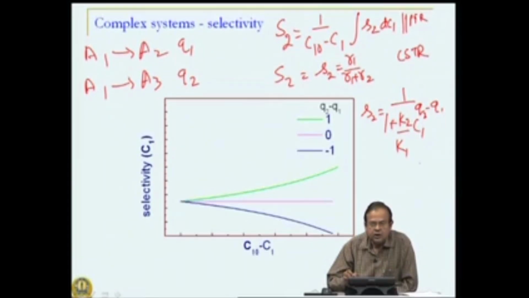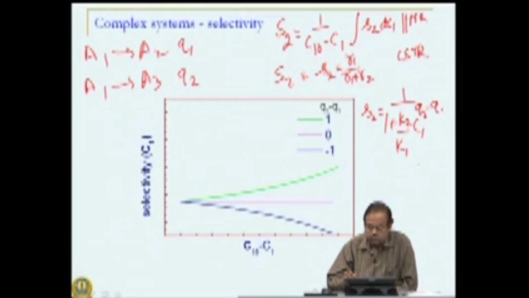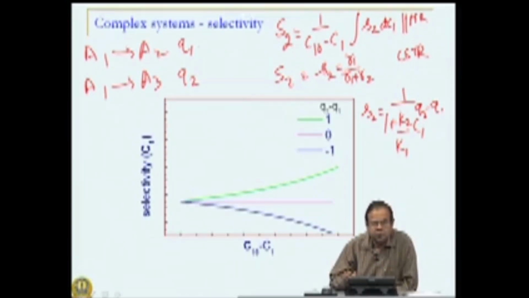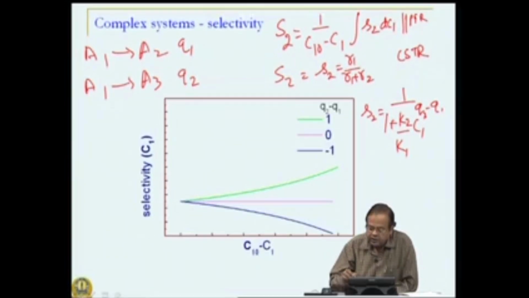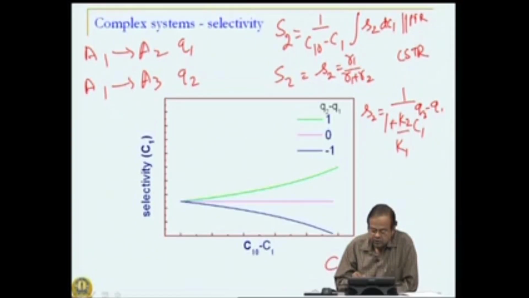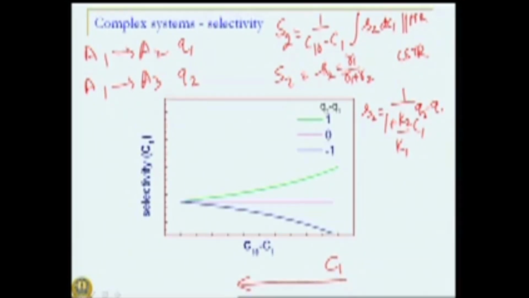Let us consider a case where Q2 is greater than Q1. That means the second reaction order is higher than the first reaction order. If that is the case, then Q2 minus Q1 is positive. So, as C1 increases, the selectivity should decrease, and C1 increase in our case is in this direction, because this is C10 minus C1.